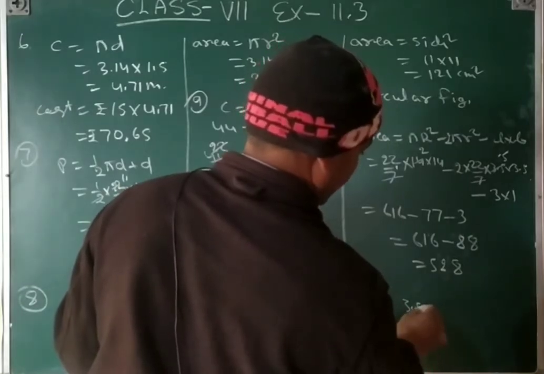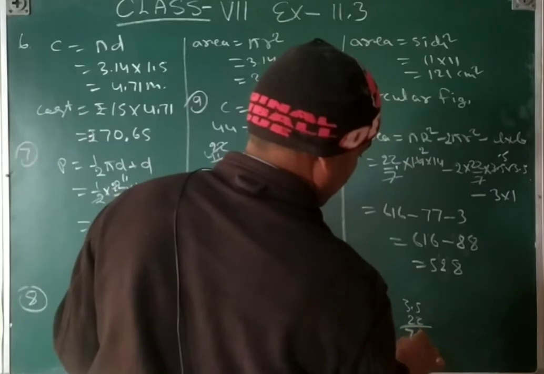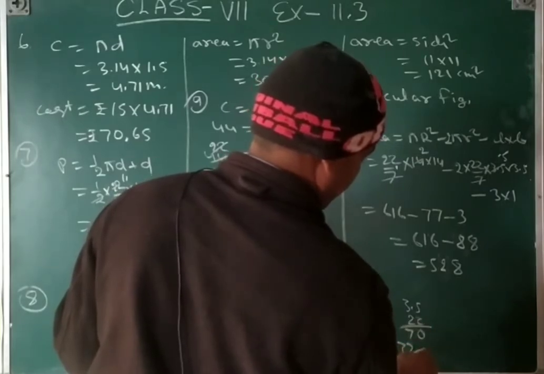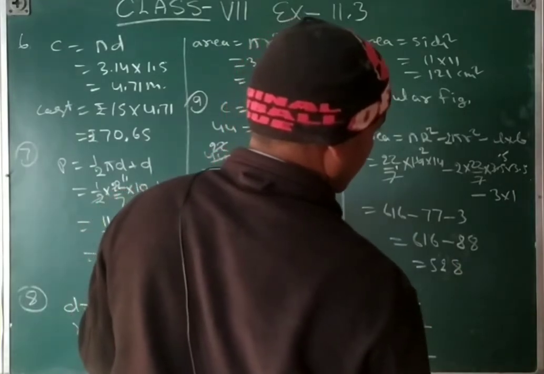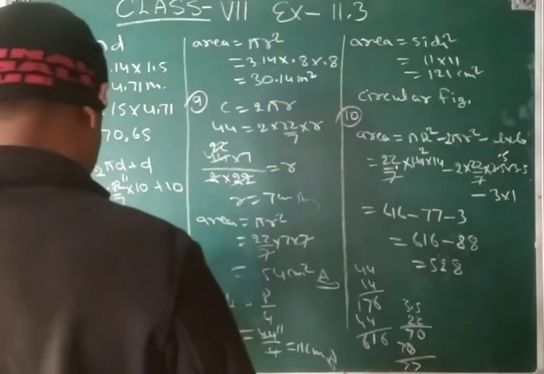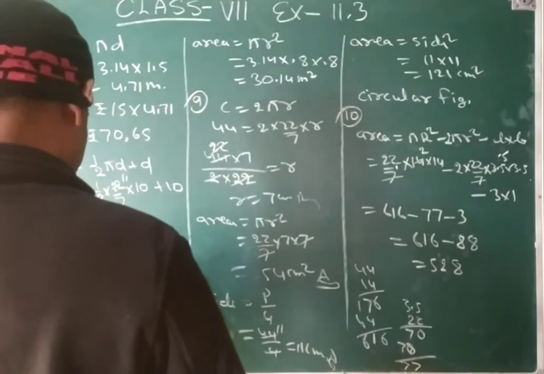So 2 5s are 10, 2 5s are 6 1 7, 2 5s 77 70. So that is 77, this is also right. And then 3 into 1 is 3, that is also right.